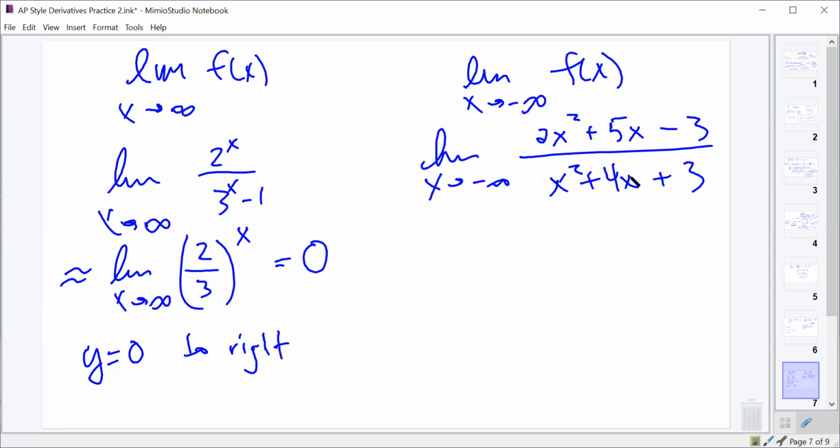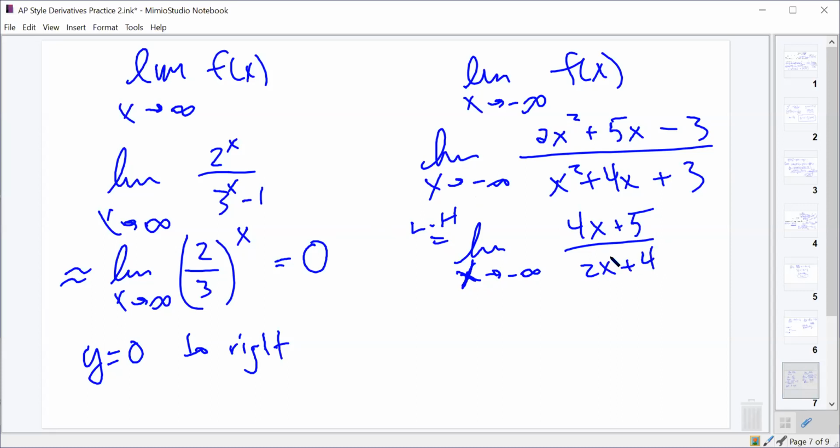Okay, so we have options. One option is to divide everything by x squared, but we have a new option now, which is we could use L'Hopital's rule, right? Because infinity over infinity is an indeterminate form. So we could make this the limit as x approaches negative infinity of 4x plus 5 over 2x plus 4, which is still negative infinity over negative infinity.